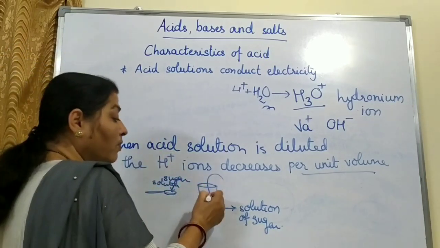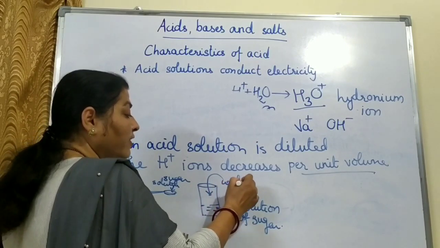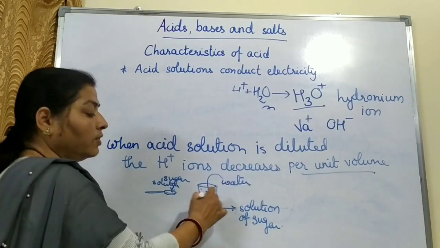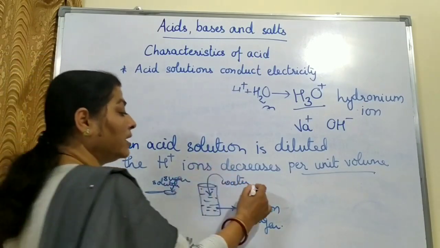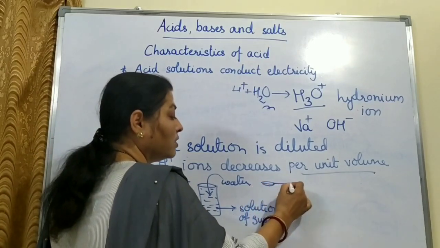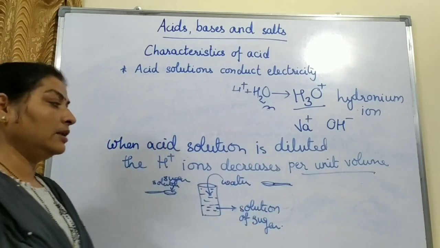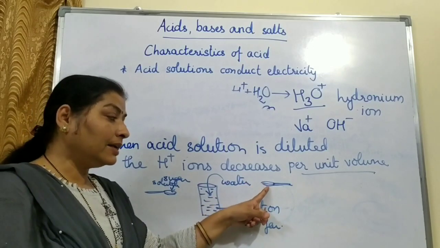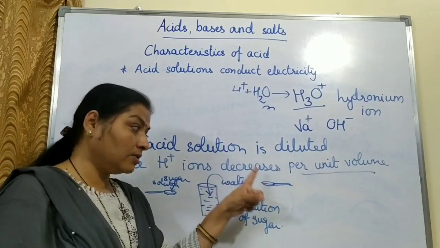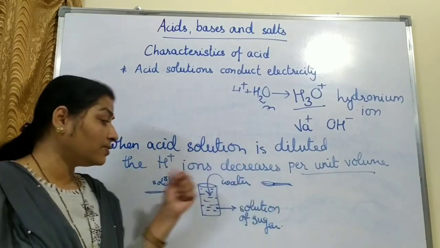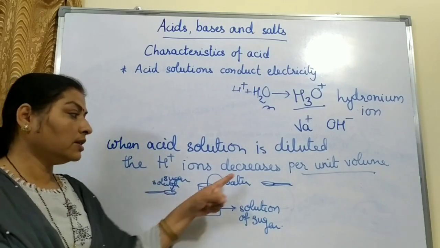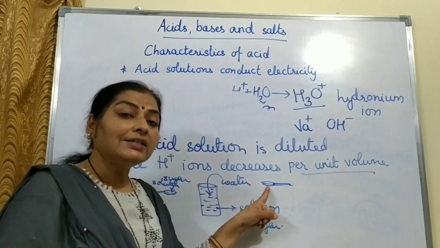Now if you add water to this and fill the glass to the full and again you take one spoonful of this solution and taste it, will you find that the sugar solution is equally sweet as before? No, children. This will be a little less sweet.